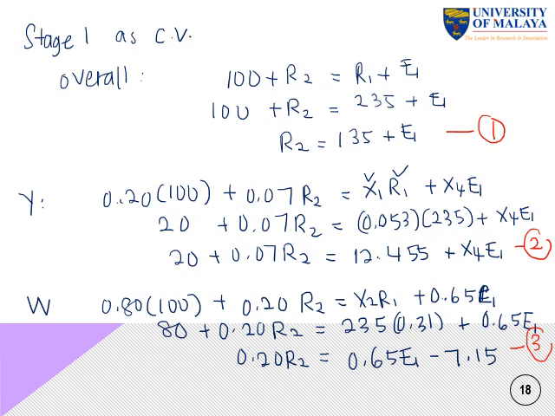So what I see from here, I think it's easier to use equation 1 and equation 3 to solve for E1 and then get R2 and then get the x4. Okay, can you do that? Of course, you can do that.